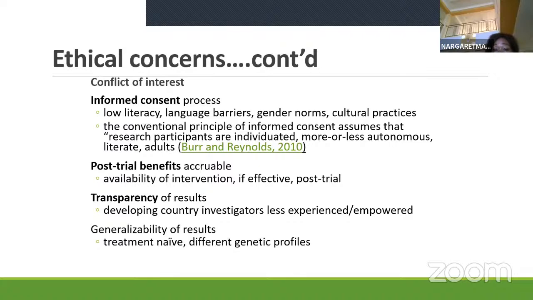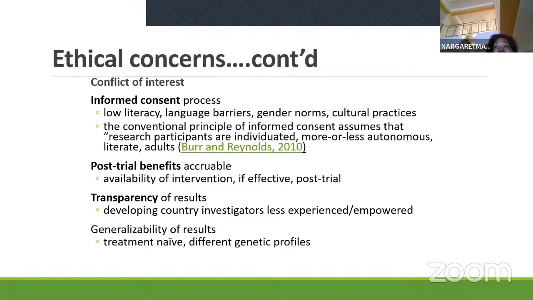Take cognizance of gender norms in the community where the trial will take place, the cultural do's and don'ts, and each participant is an individual. So don't just lump them together and get group approval. You can get group approval indirectly, not in that sense, but we have gatekeepers if you're going to the communities.